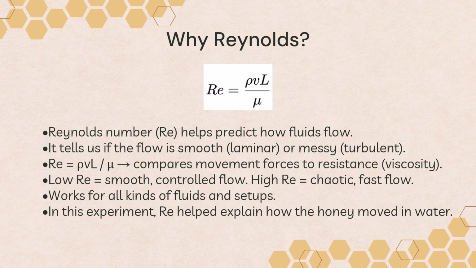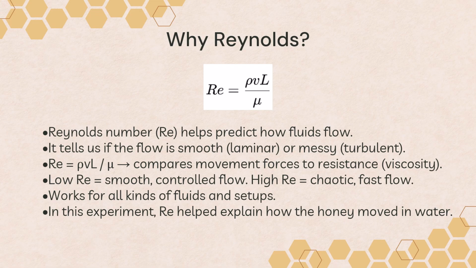Reynolds number is one of the most important dimensionless values in fluid mechanics. It tells us whether a fluid flow will be laminar, transitional, or turbulent based on the balance of forces acting within it. The equation is Re equals ρVL over μ, which basically compares inertial forces, how much the fluid wants to keep moving, to viscous forces, or how much the fluid resists that motion.